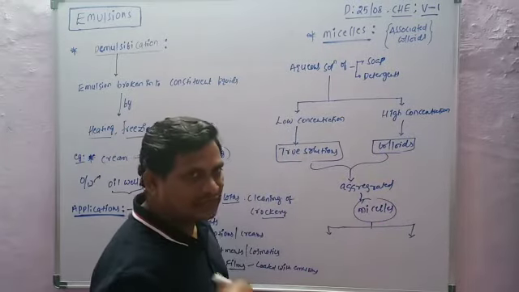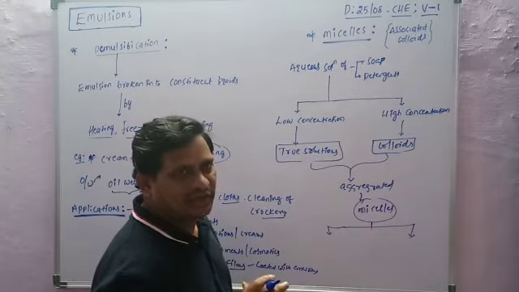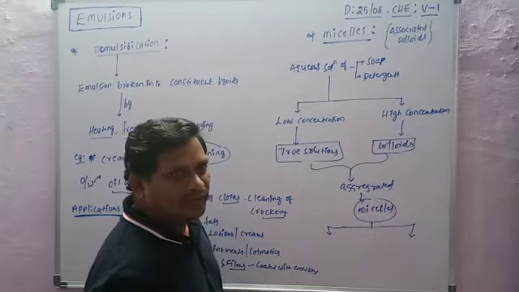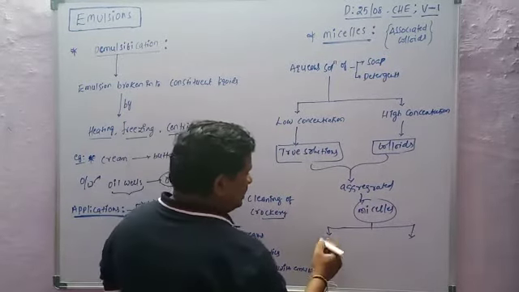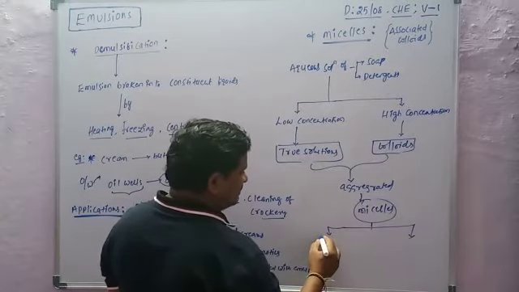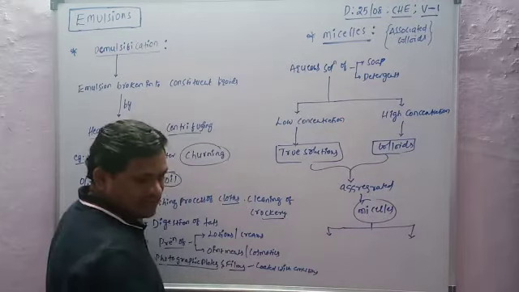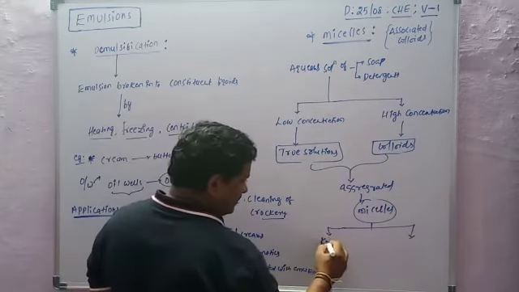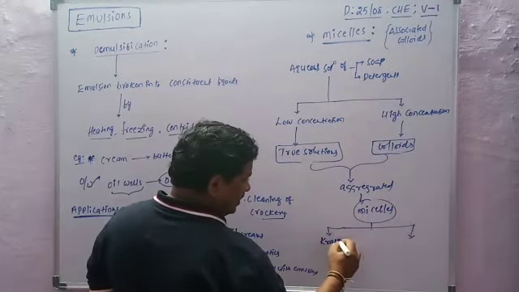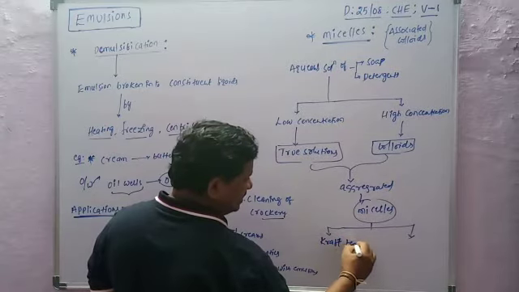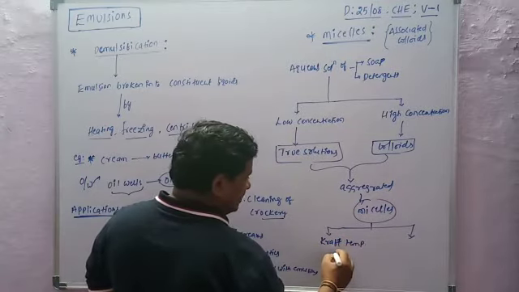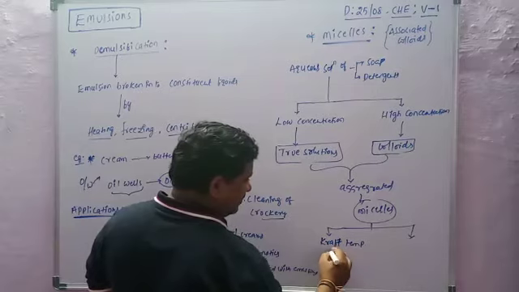The temperature above which micelle formation occurs is known as the Kraft temperature. It is denoted with TK, the Kraft temperature.